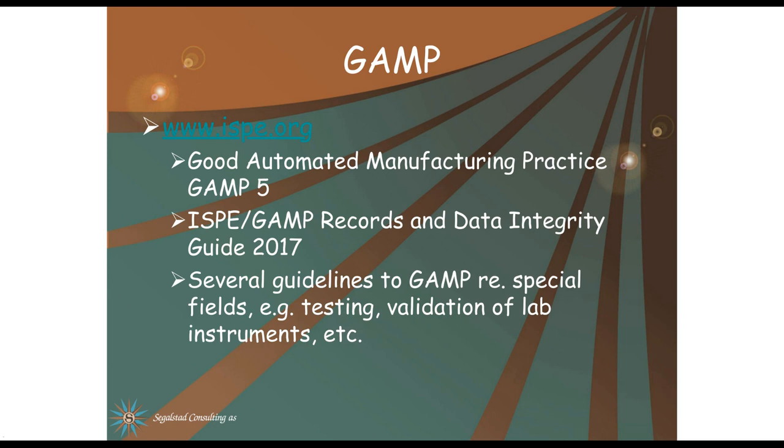US and EU pharma regulations information is here. GAMP is not gamp.org, but it's ispe.org, and has a lot of good guides, both the GAMP 5, the ISPE GAMP Records and Data Integrity Guide from 2017.